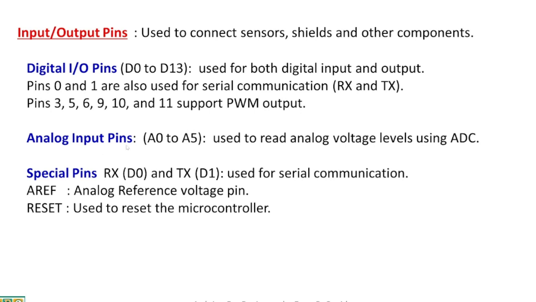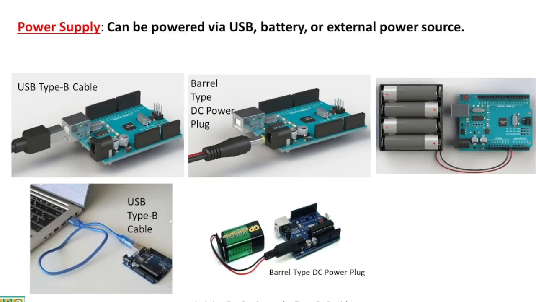Now, for analog input pins, we have A0 to A5. This is for analog values. Now, special pins under the digital I/O pins are RX and TX used for serial communication. We also have AREF, analog reference, for the voltage pin, and the reset used to reset the microcontroller.